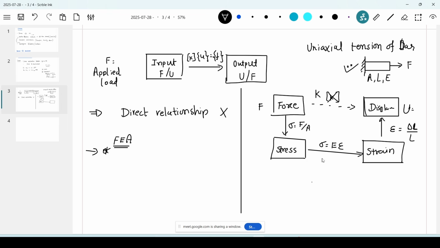Okay, let me put it here. You have sigma is equal to F by A. We are still talking about this, so this is known.